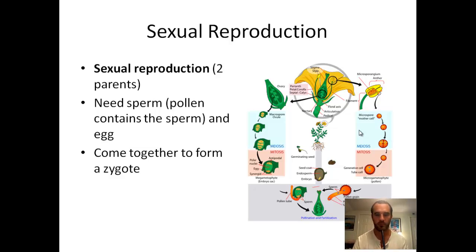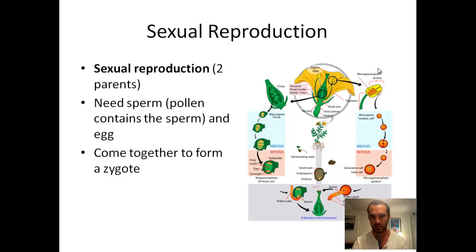So the second way that plants can reproduce is sexual reproduction. For sexual reproduction, you need two parents. You need sperm, which is pollen for the plants, and the egg. When they come together, they form the zygote.